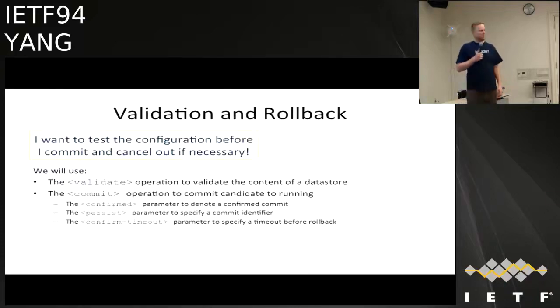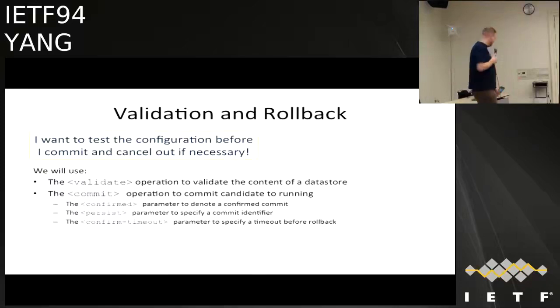And then we're going to use something called a confirm commit. Now that's a hint. That's called confirm commit. Confirm commit is a particular type of commit. There's 2 new parameters that we're going to talk about here. One is a persist parameter to specify a commit identifier, so a unique identifier for a particular commit like you can use later. And the other one is a confirm timeout.